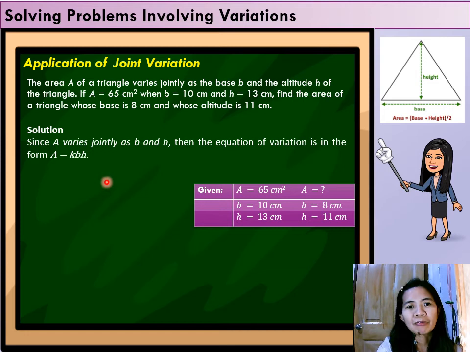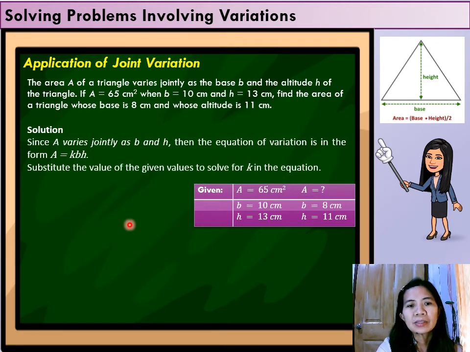Since A varies jointly as base and height, the equation of variation is in the form of A equals K times B times H. Then, to find the value of the constant, we are going to substitute the three given values to solve for K.